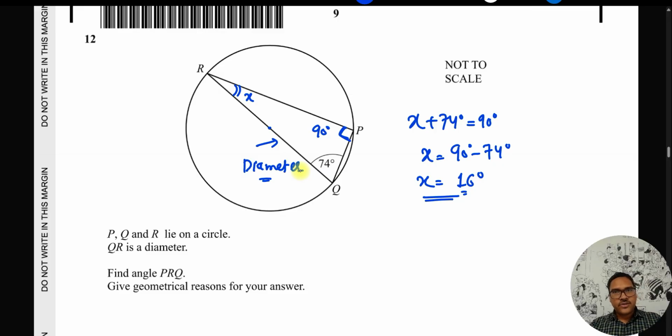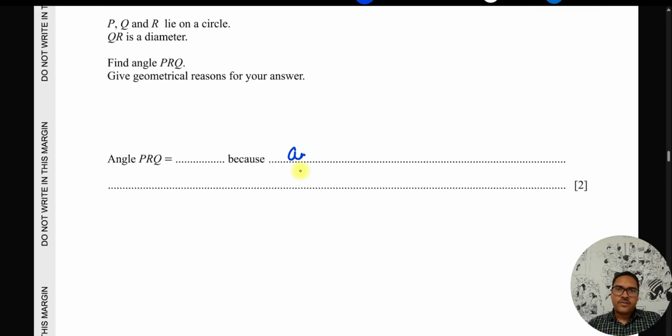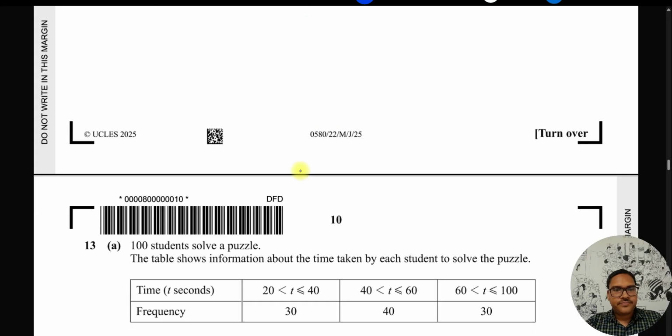Angle P is actually 90 degrees because angle in a semicircle is equal to 90 degrees. The reason is angle in a semicircle is 90 degrees, and the sum of all the angles of the triangle is 180 degrees. So I hope this is also clear.